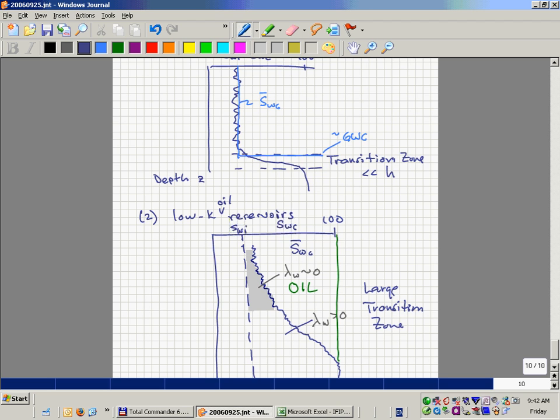Well, you might just take the water oil contact, and you might just take the entire average over the entire interval, but very likely much of the oil down here is inaccessible, because it has very low oil mobility. The water saturation is so high that the oil has a hard time flowing.